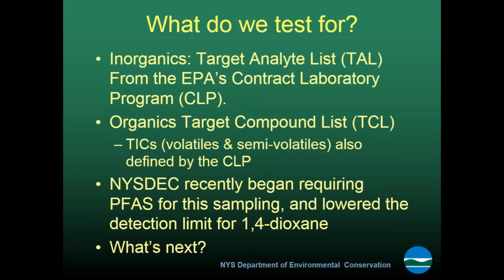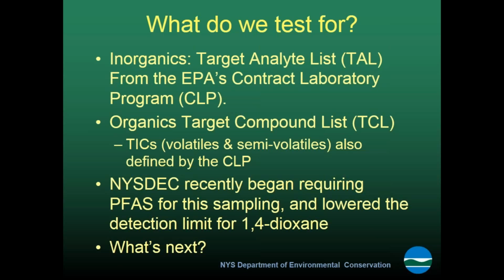So first thing, what do we test for? There are thousands and thousands of chemicals out there, and how do we decide what to test for? At least in New York, what we use is EPA's Target Analyte List, and that was developed for EPA's Contract Laboratory Program, or CLP.